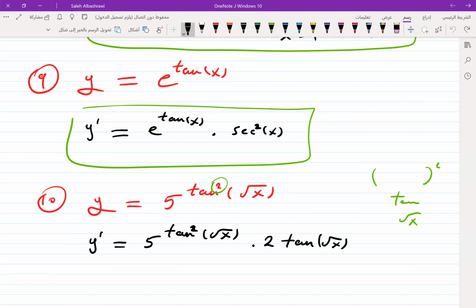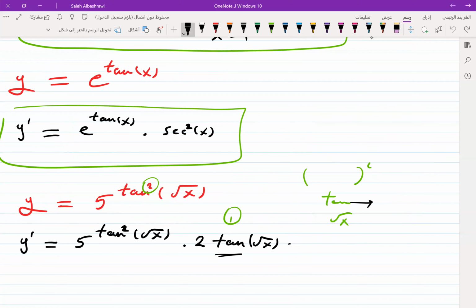This is step number 1. We differentiate only the power. Now, number 2, we differentiate the tangent, which is inside the power, which is the second function. Derivative of tangent is secant square. So this was number 1, this is number 2.